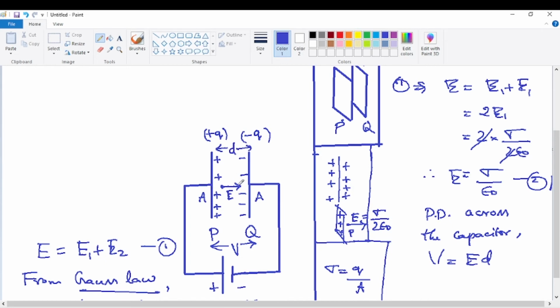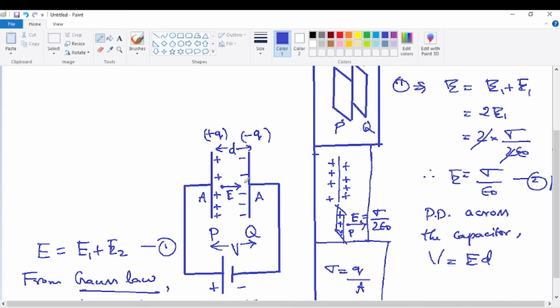So potential difference between the two plates: we are considering the potential of the left plate. Potential of any conductor is nothing but potential at a point very close to the particular conductor. Similarly, potential of the right plate is nothing but potential at a point very close to the right plate. So take 2 points very close to the two plates inside only.